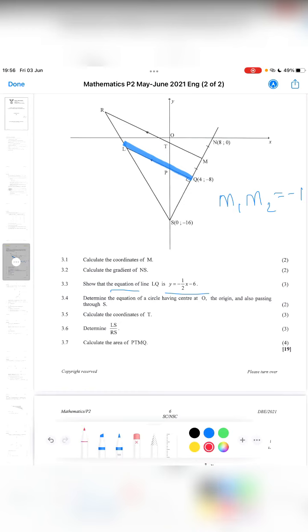So if you have a line like that, and another line like that, and they form a 90-degree angle, they are perpendicular lines. So the gradient of this line, when I multiply it with the gradient of this line, I must get -1.